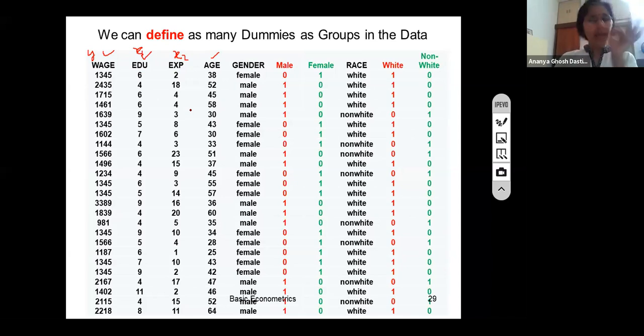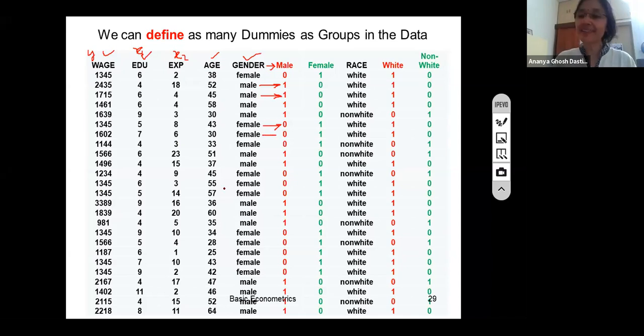Now, I have a nominal variable called gender, which is a string variable. So it's just telling me female, male, female, male. Problem is that I can't use this in a regression. And that's where a dummy variable really helps. I define a dummy variable called male. Male takes the value 1 for all the male observations, and it is 0 for all the female observations.